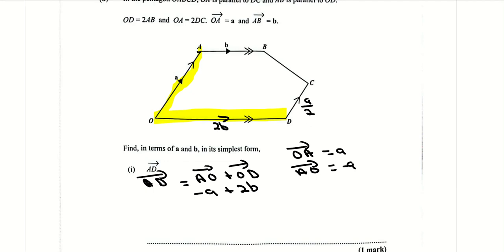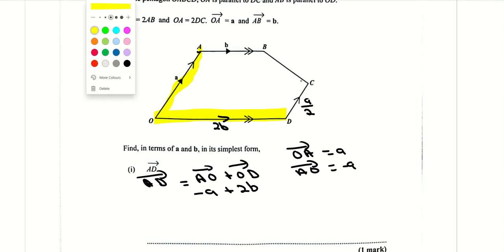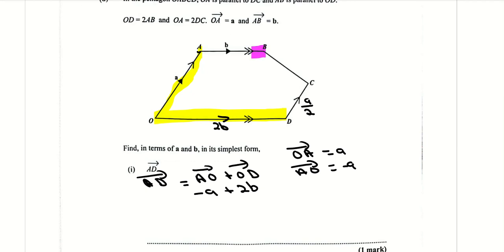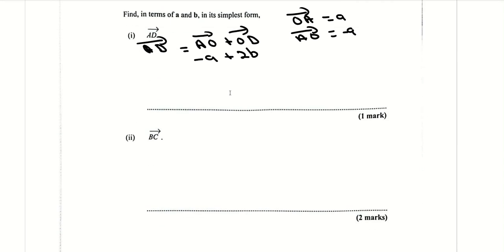So when they want to find B to C, let's use a different color so that we can see it. I'll use pink. We're going from B to A, then A to O, O to D, D to C. So let's add that up.